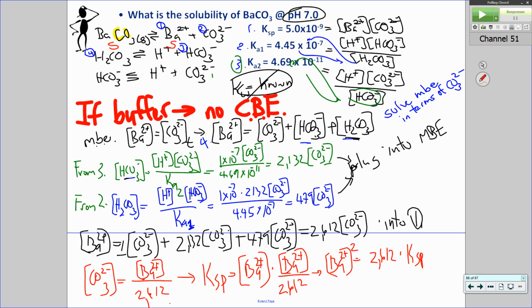So now I'm going to need to get rid of the squared. It says that barium is equal to the square root of 2612 times KSP, and KSP was way back here, forgotten, 5 times 10 to the minus 9.